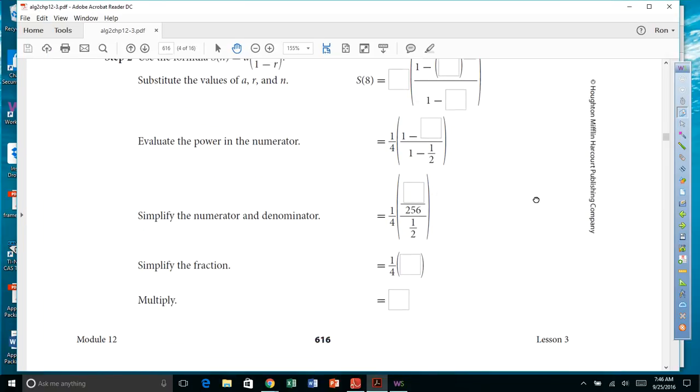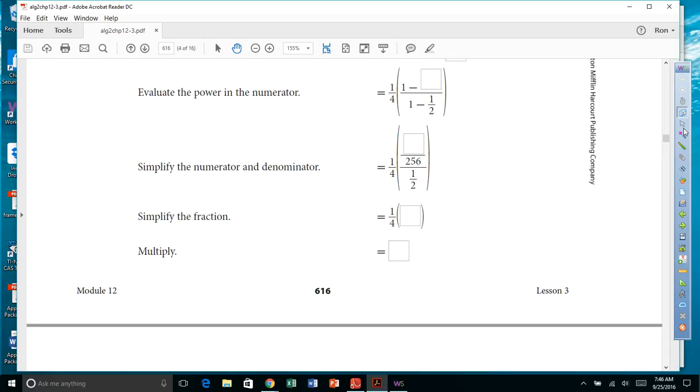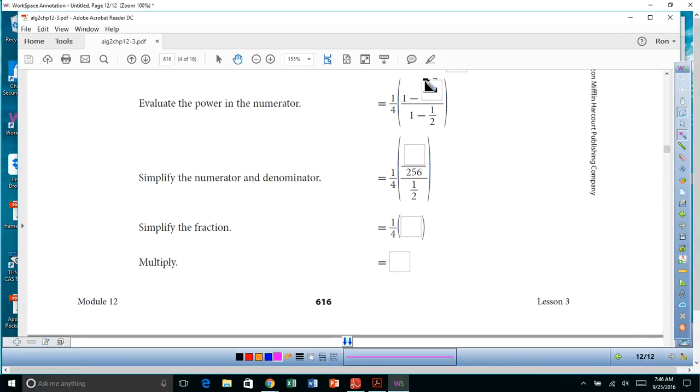Need to move it up some. 1 over 256. 1 minus 1/2, that just gives you 1/2. 1 minus 1 over 256 is 255 over 256.